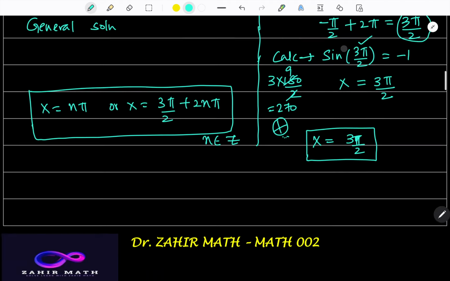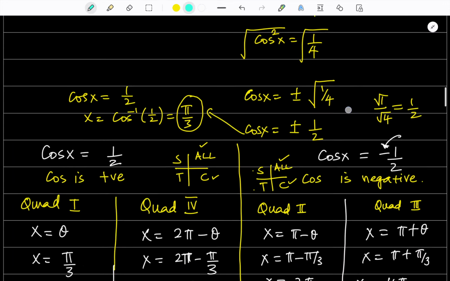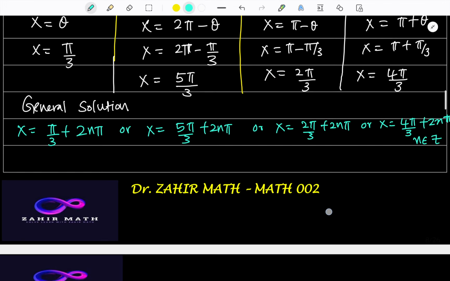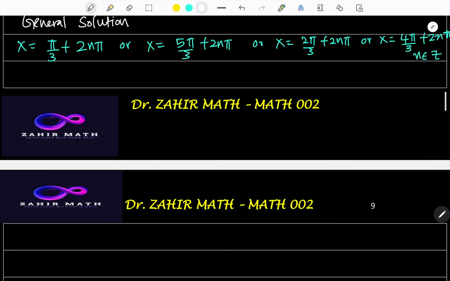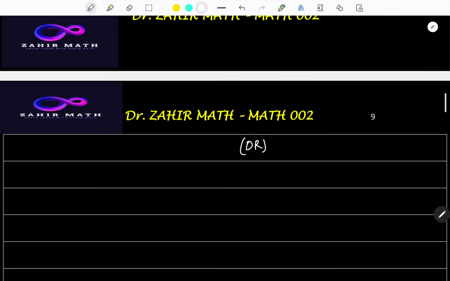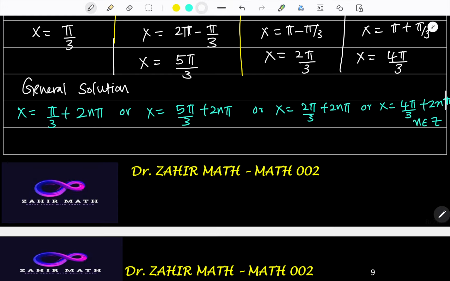In the same manner, even though the answers are many, if you have pi by 3 and just add pi, you immediately jump to the next one. So instead of writing all these together, you can write x equals pi by 3 plus n pi or 2n pi, and 2 pi by 3 plus n pi or 2n pi. But I don't want to confuse you. This is going to become your general solution.